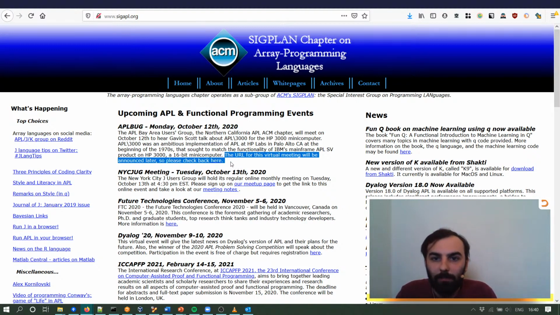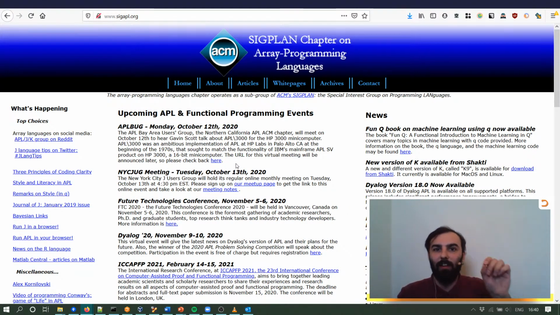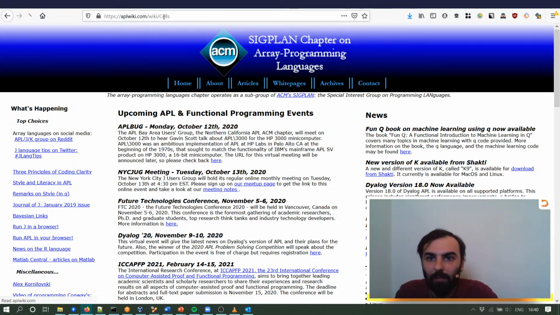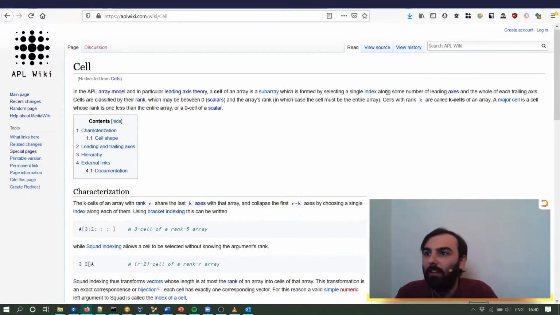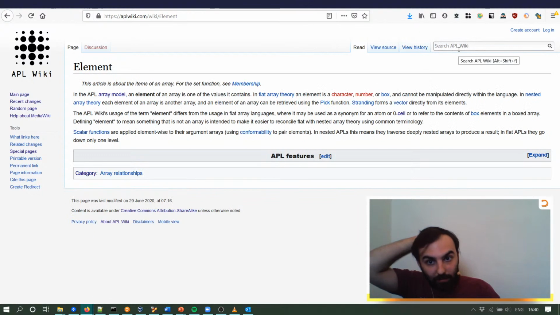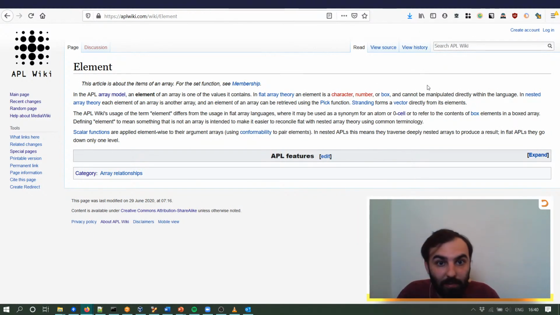And okay, so now I'm going to wrap up on cells, and then we'll talk about events. In general, see the APL wiki. Look for cells to find out what cells are. Turns out there is a page on elements.